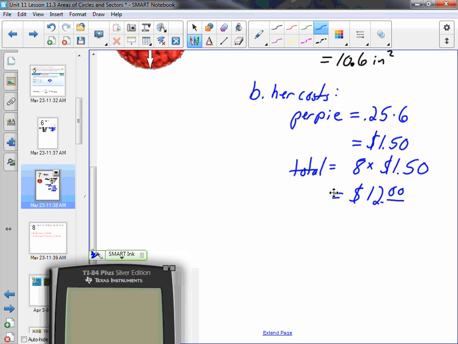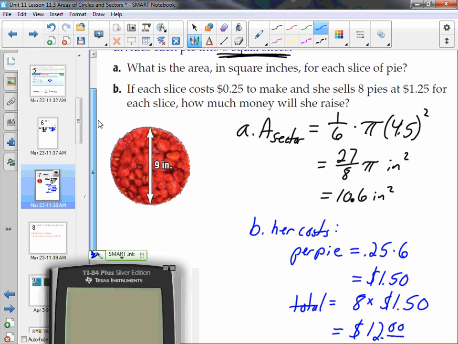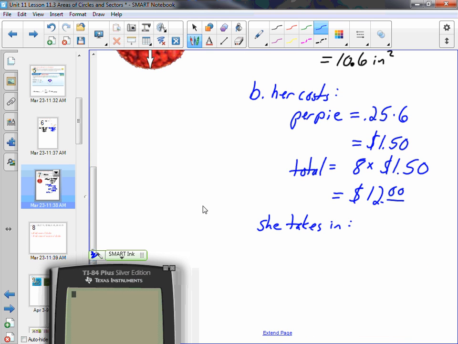Now let's see how much money she gets. She sells 8 pies for $1.25 for each slice. So per pie, she takes in $1.25 times 6.